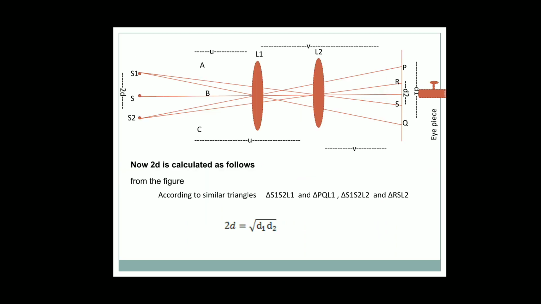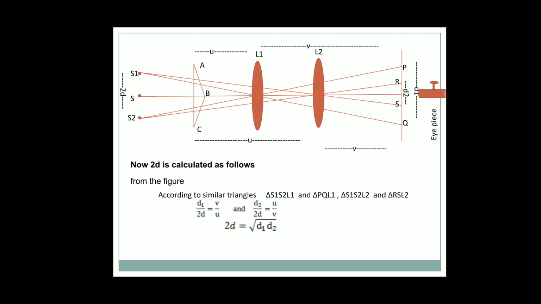You can see from the figure, from the triangles S1 S2 L1, where ABC is the biprism, and u and v are the object distance and image distance, that is, the distances between prism and lens and between lens and eyepiece, d1 by 2d is equal to v by u.